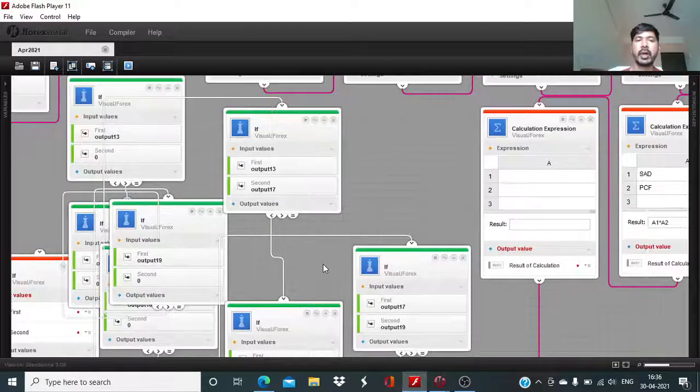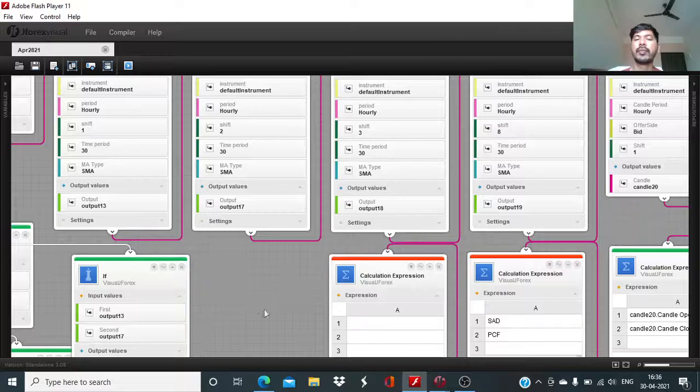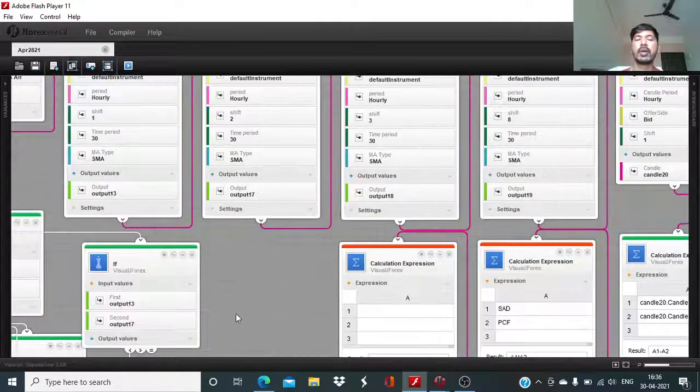Okay, so we have done the comparison between these different values to define the conditions.